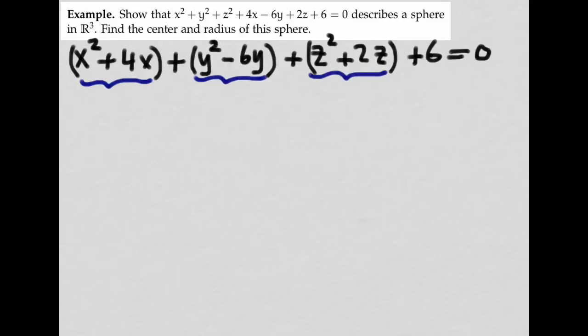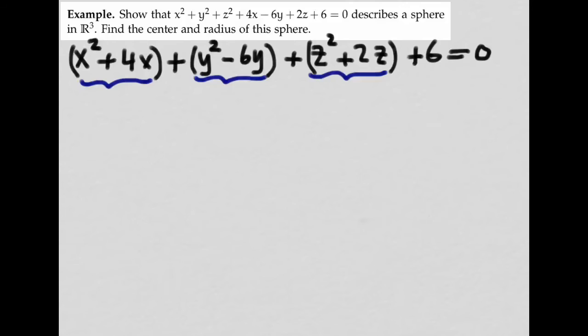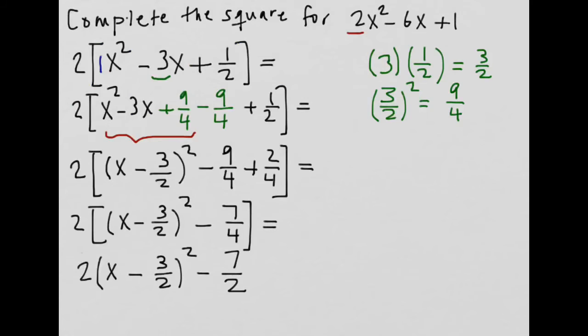Now remember, the first step in completing the square is making sure that the coefficient of the squared term is 1. It is 1 in all of these cases for x, y, and z, so we don't have to follow the first step. It's already done for us. Now I'm going to take the coefficient of x, namely 4. I'm going to multiply it by 1/2 and square the result.